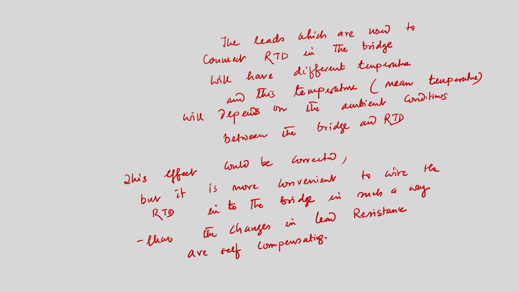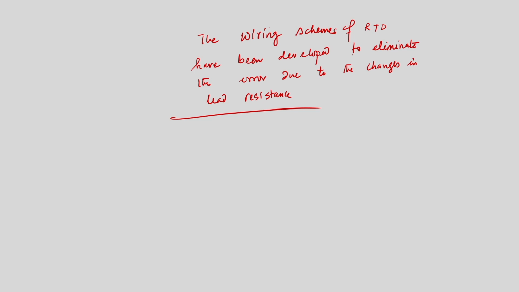The error can be corrected, but as I wrote in the last slide, it is more convenient to select the scheme of wiring of the RTD to the bridge in such a way that the changes in the lead resistance are self compensating.